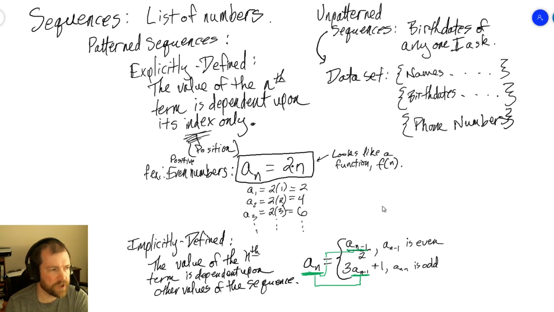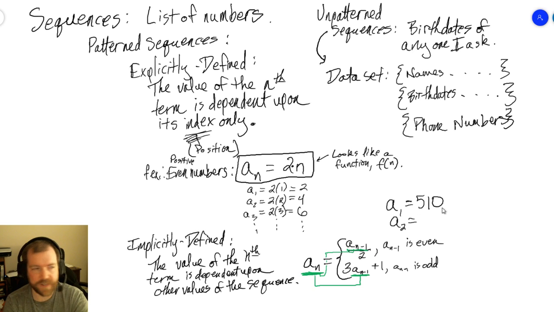So we had mentioned, if you start with a sub 1 equals 510. Let's do that, because I hope this doesn't last too long. Okay, then a sub 2 is going to be half that amount because 510 is even.